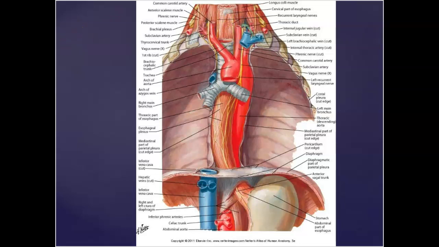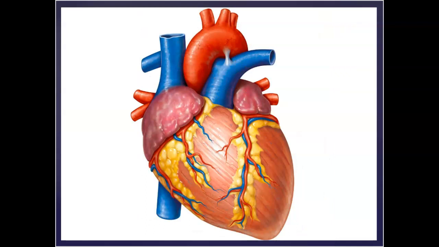So now that we have the heart out and we've seen kind of what's behind the mediastinum, let's take a look at now some dissections. How are we going to dissect this thing? So the first thing we'll start with is making a cut straight down from the pulmonary trunk. We're going to cut right from the pulmonary trunk straight down through the right ventricle. Now it's important here to try to avoid going into the anterior interventricular sulcus, where there's this artery and vein.